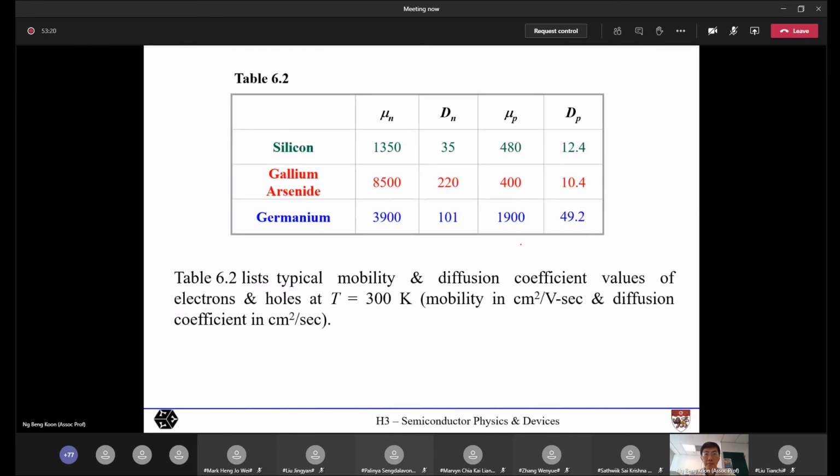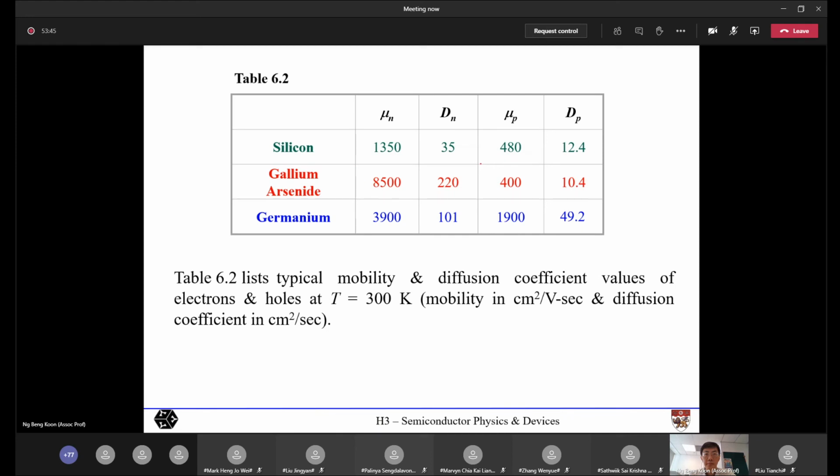Now, if you look at the mobility and diffusion coefficient of different semiconductors, the typical ones like silicon, gallium arsenide, germanium, you can see that the mobility of electron, in all these three semiconductors, is higher than that of holes.